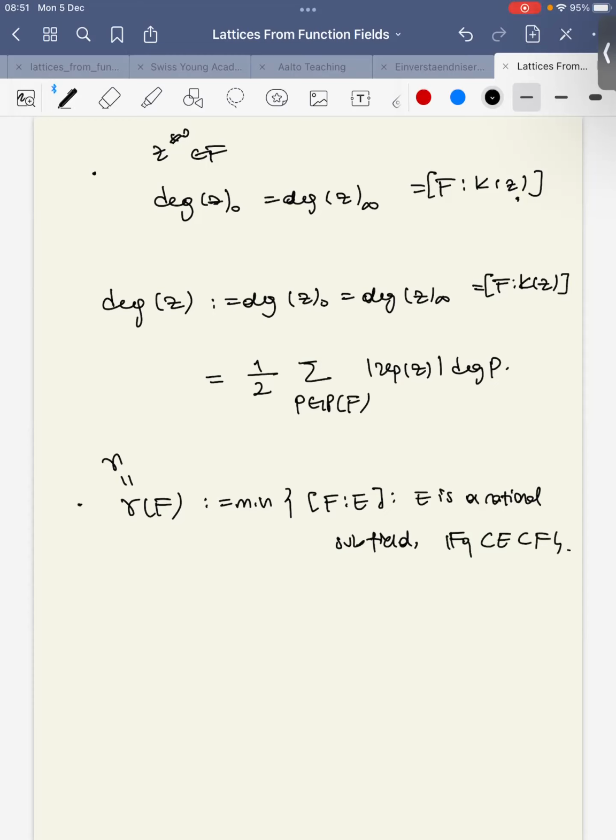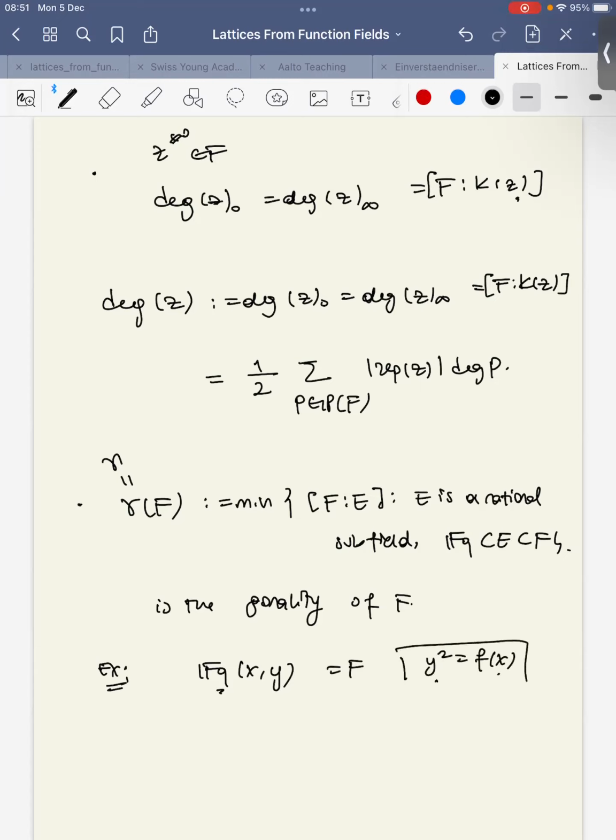And in the last lecture, I tried to give the motivation as follows by considering the elliptic function fields. Recall that we define the elliptic function fields over K, where x and y are transcendental over the finite field F_q, but they are in the algebraic relation y squared equals f of x, where f of x is a degree 3 square-free polynomial.